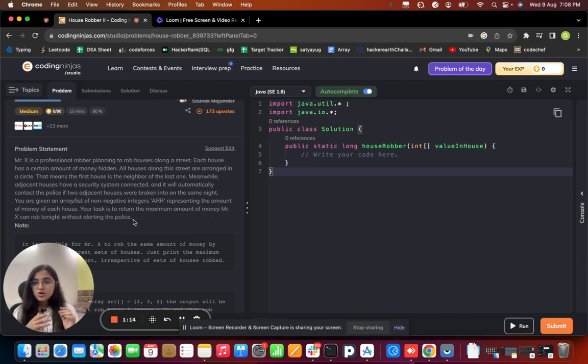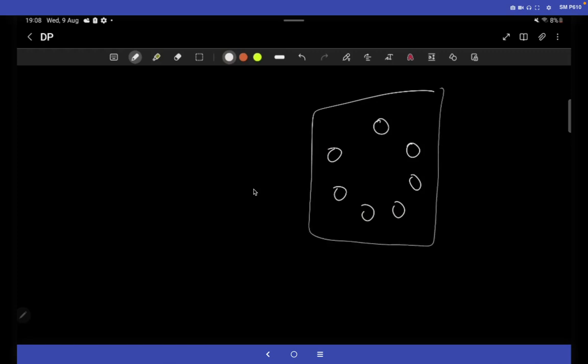So our main task is to return the maximum looted amount, such that we cannot loot alternate houses, meaning the neighbor houses. Let's understand this problem more clearly. Let's suppose we have a few houses, arranged in a circular format.